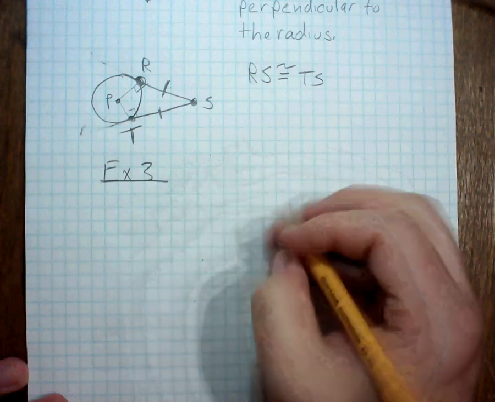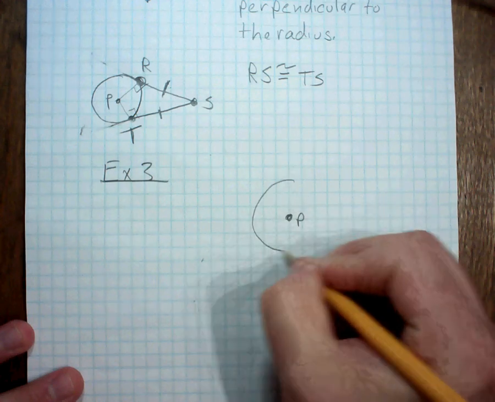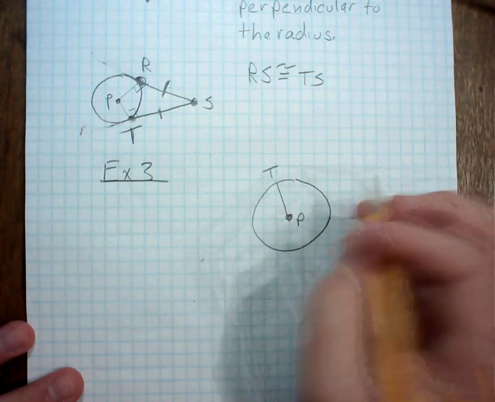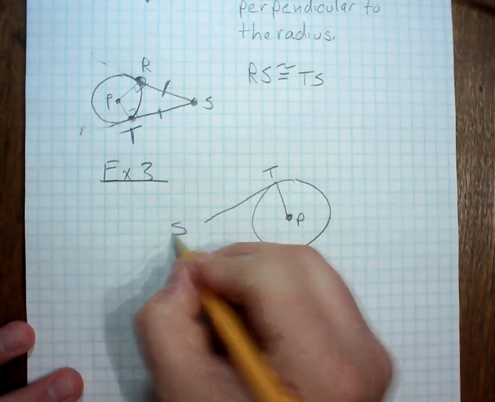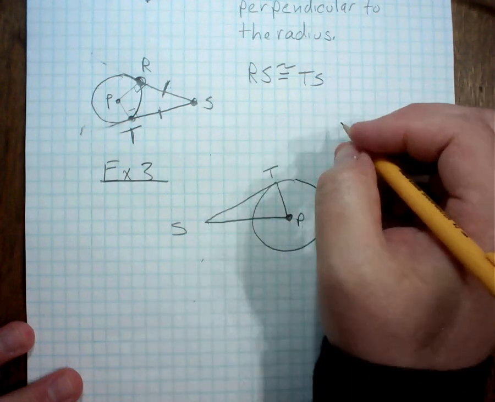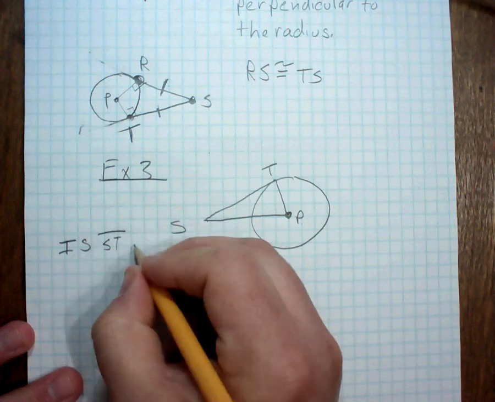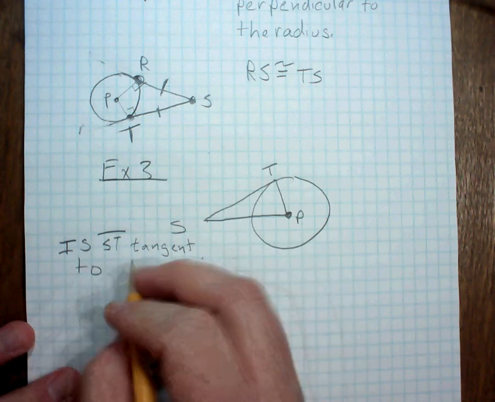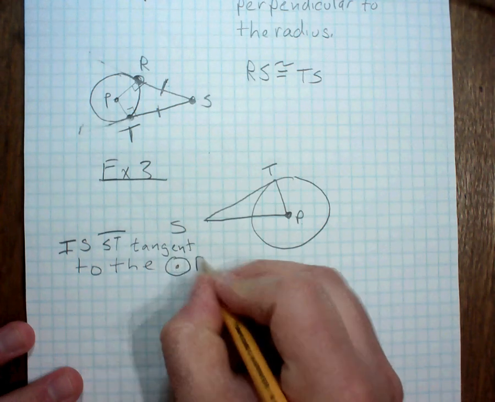So for example number 3, I have a circle P, and P intersects T here, and it goes all the way out here to S, and then we're asked, is the line segment ST tangent to the circle P?